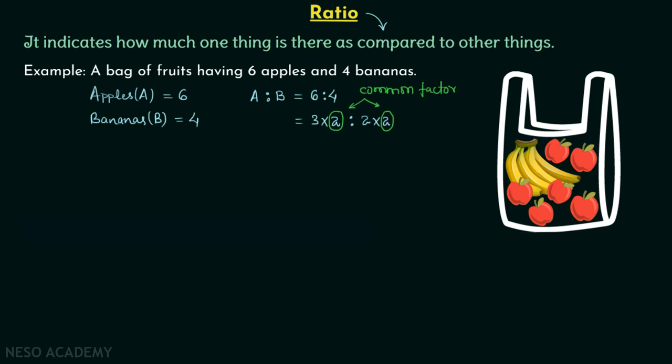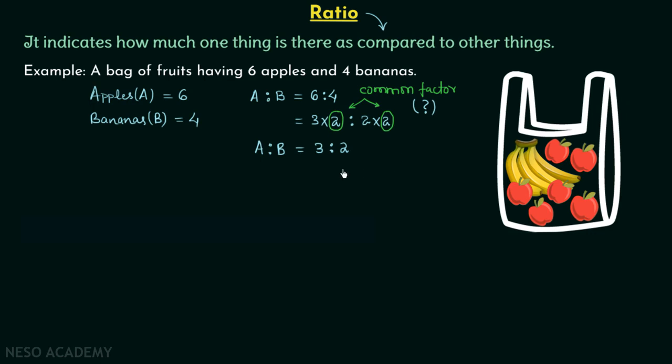We write the ratio in the simplest form, so we will have A ratio B equal to 3 ratio 2. We have not written the common factor, and this common factor is a very important concept in ratio, because while solving problems we usually need to find this common factor first, and then we proceed with our calculation for the required quantities. So I hope you now understand what a common factor in the ratio is.